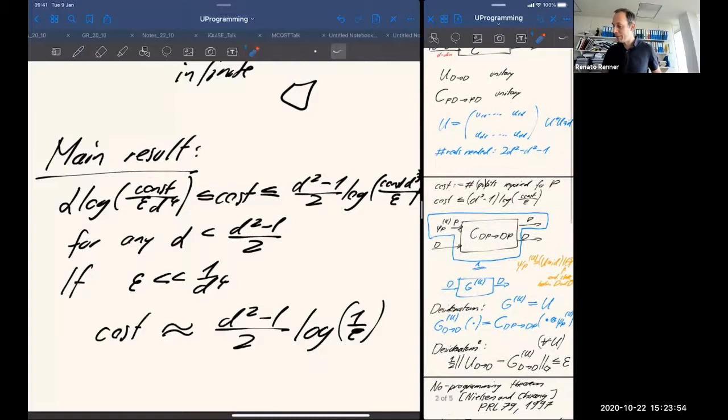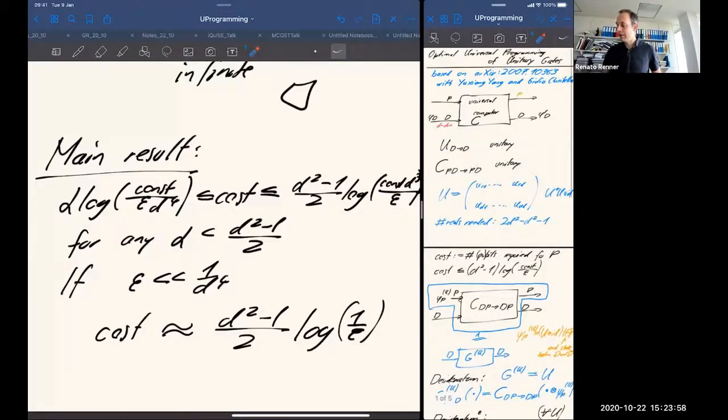At the beginning, remember I said one way to implement this is to just give a classical description of the unitary. And then I said, if it's a classical description, the number of real numbers I would need to provide is d squared minus 1. So here we just have essentially an improvement by a factor of 2, which of course also depends on what we have here in the logarithm.